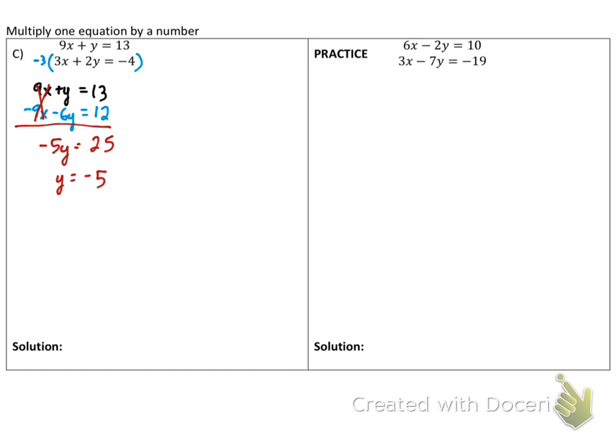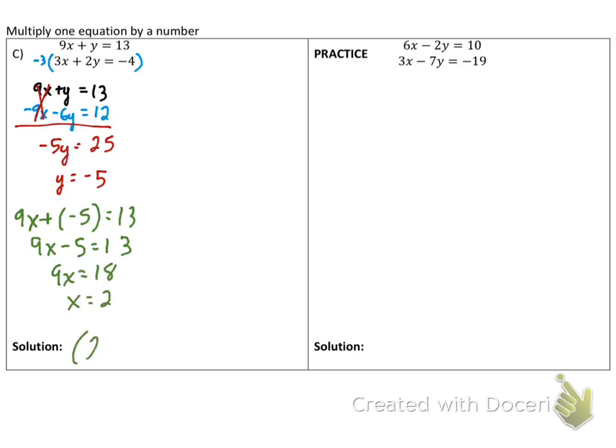I'll pick the top one. So I've got 9x plus y, instead of y, I'm going to plug in negative 5 equals 13. So I get 9x minus 5 equals 13. 9x equals 18, so x is equal to 2. So my solution there is going to be 2 comma negative 5.